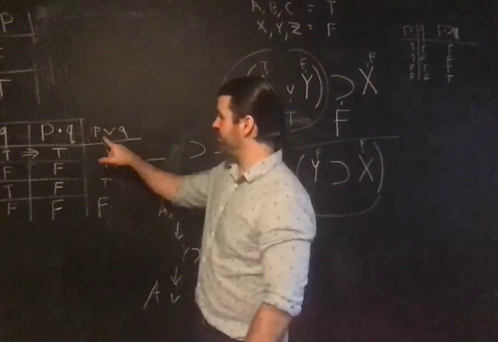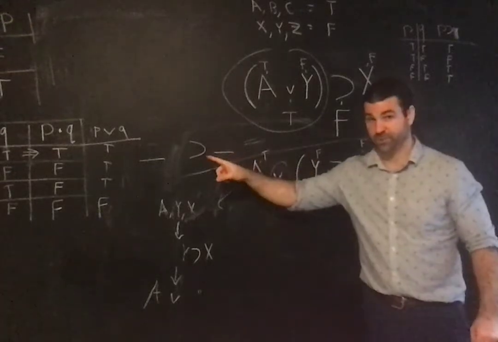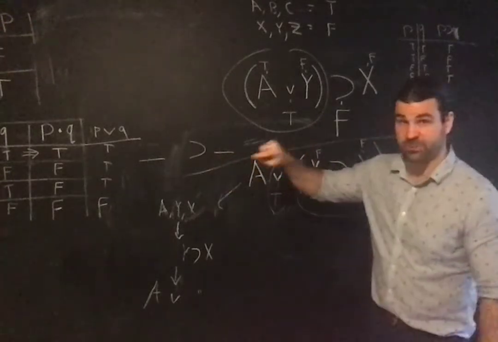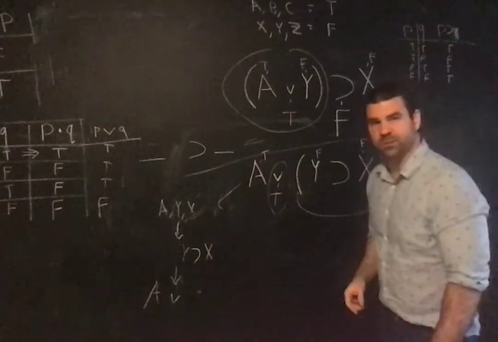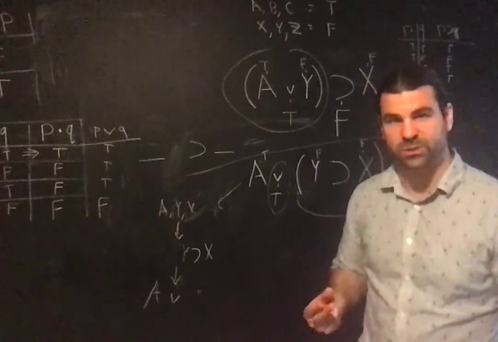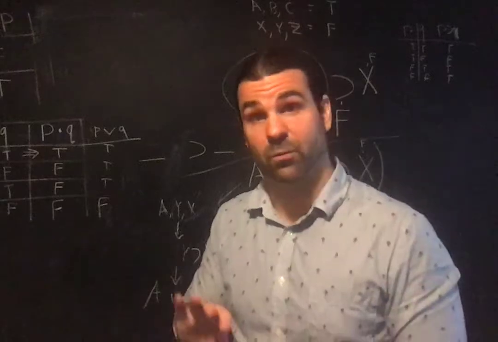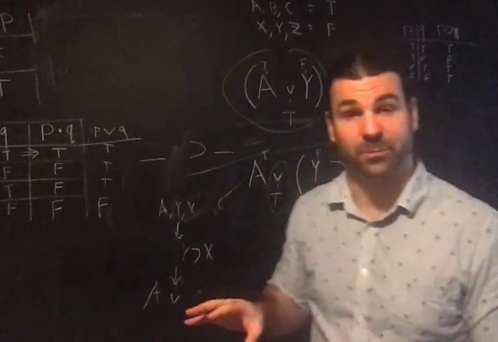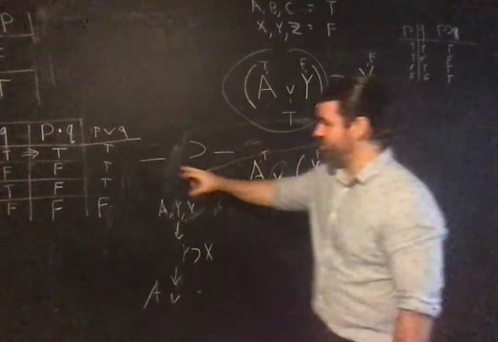I know that my P is true. Here, A is the substitution instance for the variable P. The substitution instance for the variable Q is Y hook X. What? I can substitute something like Y hook X for Q? Yes, you can, because Q is a sentential variable taking as substitution instances formulas of whatever complexity. Any legal formula can be Q, right? Any legal formula can be substituted for these, okay?